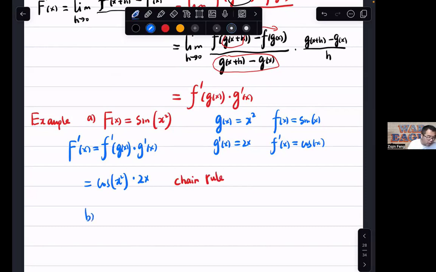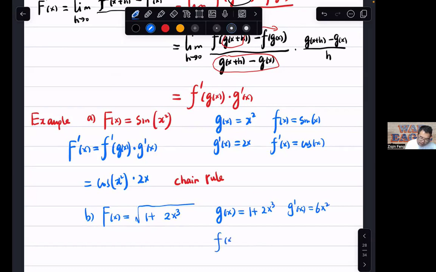Now let's see one more example. In part b, our function f of x is the square root of 1 plus 2x cubed. In this case, our inner function g of x is 1 plus 2x cubed, so g prime of x is 6x squared. Then the outer function f of x is root x, so f prime of x is 1/2 x to the negative 1/2.